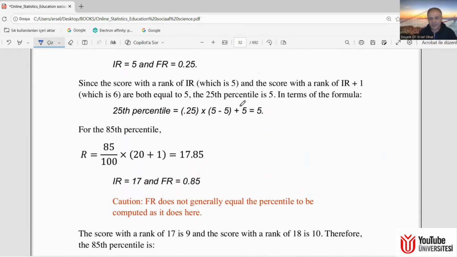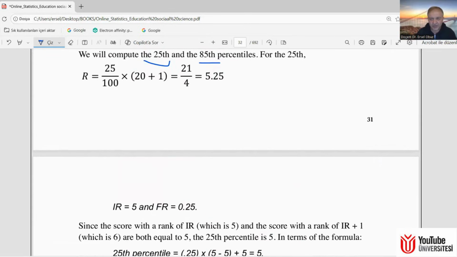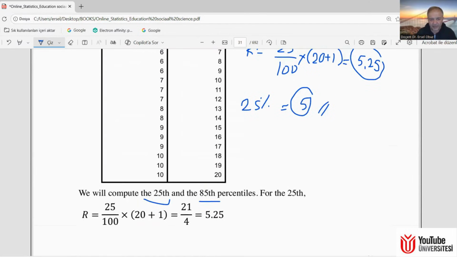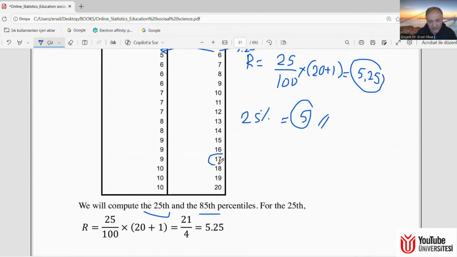For the 85th percentile, let's do the math again. 85 divided by 100 times 21 is 17.85. So 17.85 is the location, between 17 and 18. It's going to be very close to 18, so our answer is going to be very close to 10.